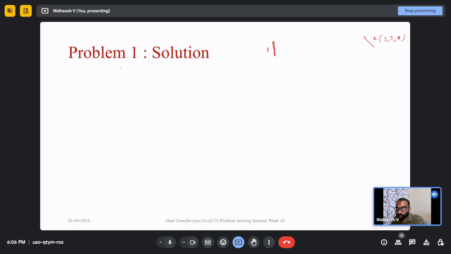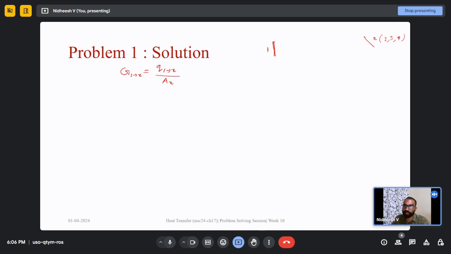Say I want to find the irradiation G due to the emission from surface 1 to surface X. That means surface 1 is emitting some radiation, and out of that, what is being intercepted by surface X, X in this case being either 2, 3 or 4. We can say it is the total heat transfer rate associated with this emission divided by the surface area of the receiver, right?